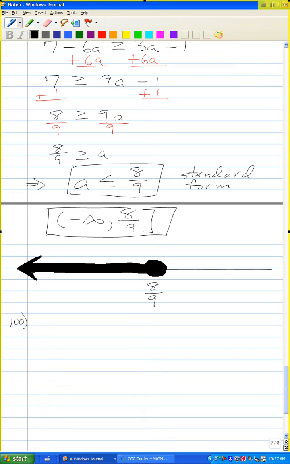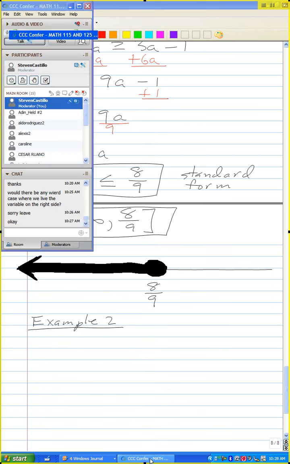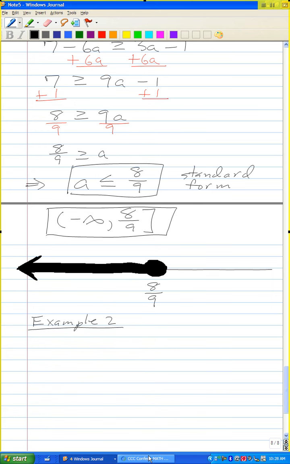Now, however, let me say if I have a three-part inequality. It's not quite what you asked, but it's somewhat similar. It's what's called a three-part inequality. So let me give you an example of that.